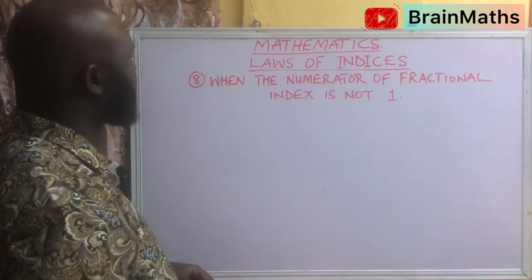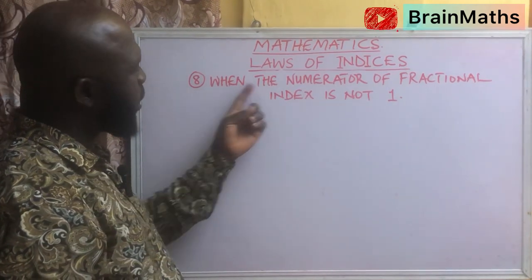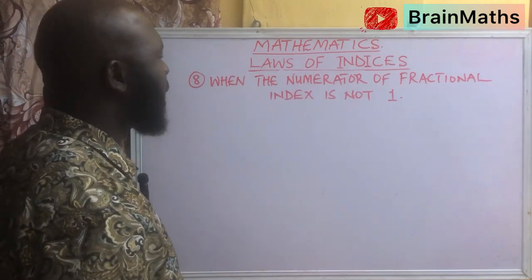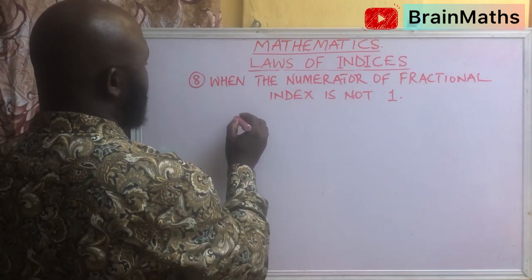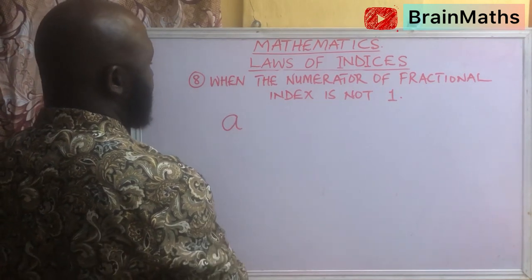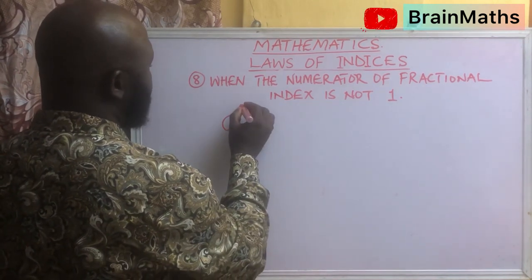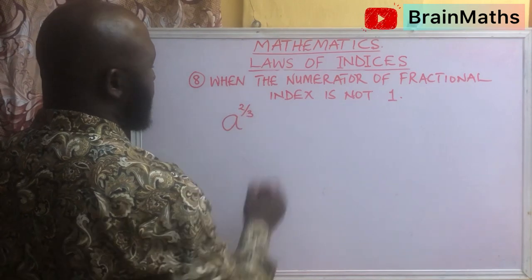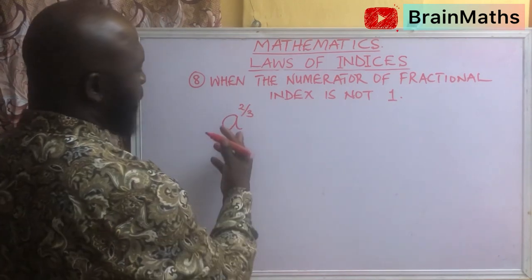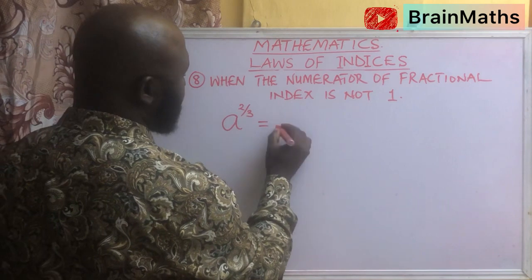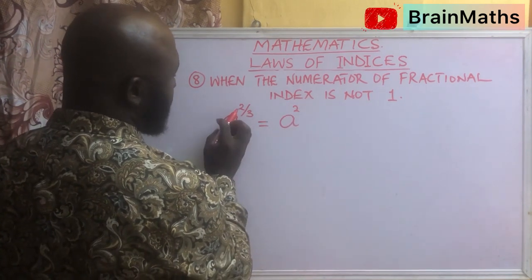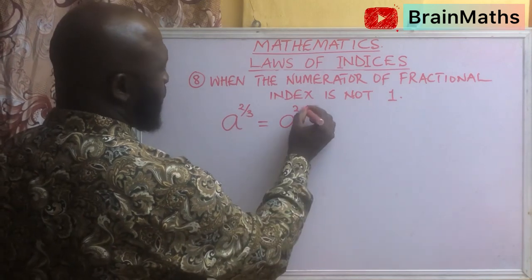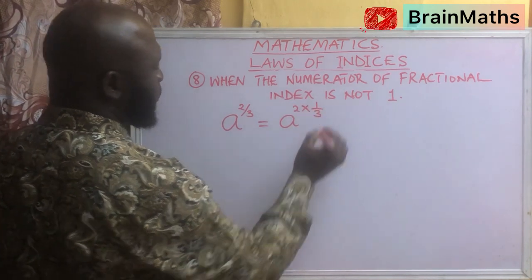Rule number 8 is dealing with when the numerator of a fractional index is not 1. If you are given a number that has an index 2 over 3, for instance, we can rewrite this as a raised to power 2, this 2 in the numerator, multiplied by 1 over 3.